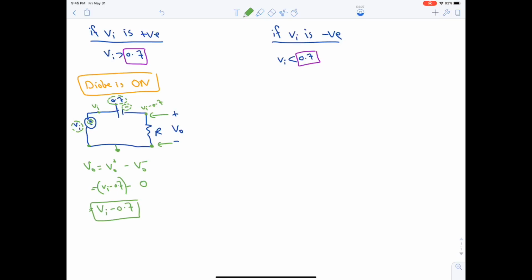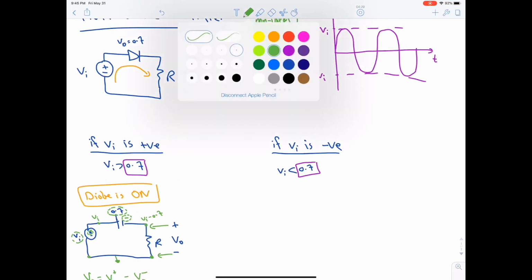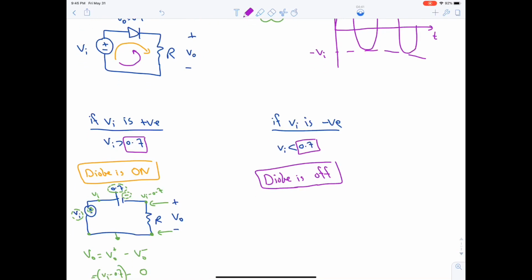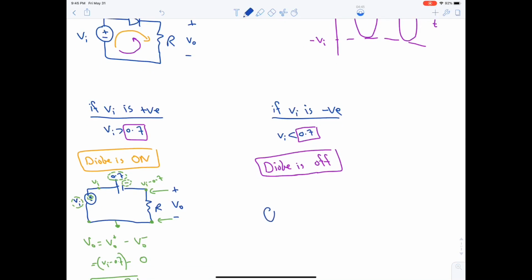Now, if Vi is negative, the current will flow in the opposite direction, and the diode is off. When the diode is off, it will be represented as an open circuit.